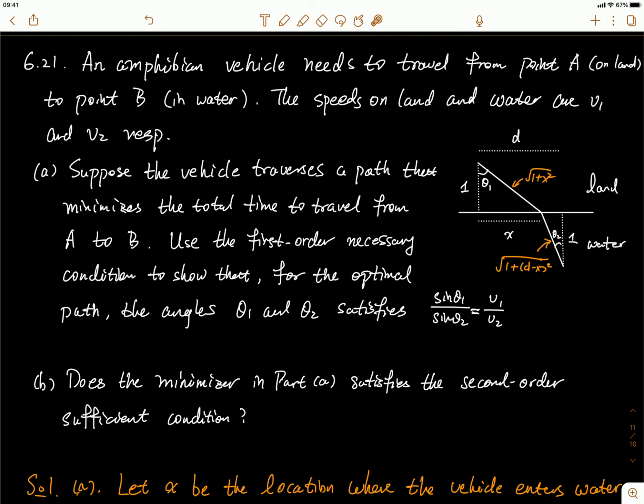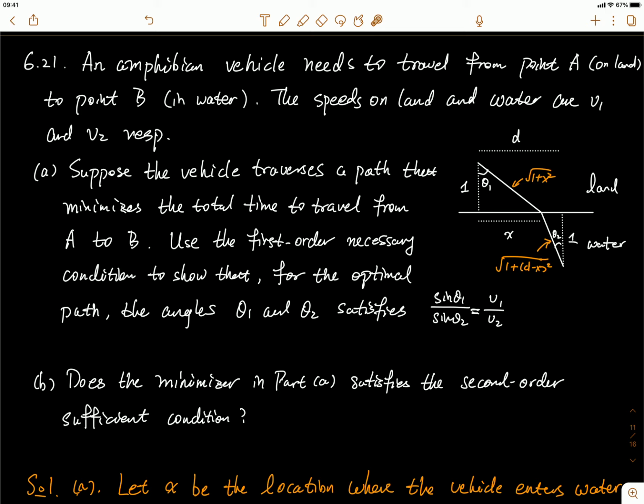The second order sufficient condition is just to check if the Hessian matrix is positive definite or not. But if it's not an interior point, remember that we need to check that when we multiply the Hessian matrix by any feasible direction on both sides, we get a positive number. That's what we do when the minimizer is not an interior point.